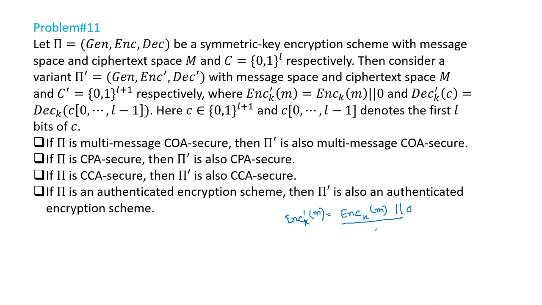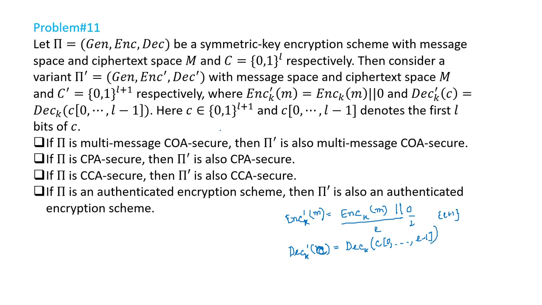So this is L bit length, and this one single extra bit makes the ciphertext L plus 1 bit length. And when decrypting, Dec dash discards the last bit of the ciphertext and runs the original decryption algorithm with C0 to CL-1, that is the first L bits of the ciphertext, and outputs.